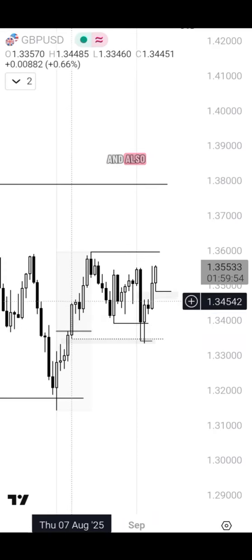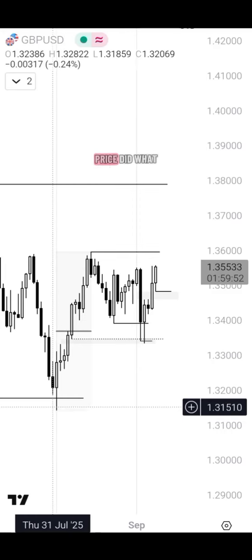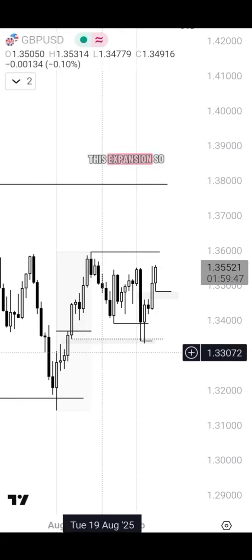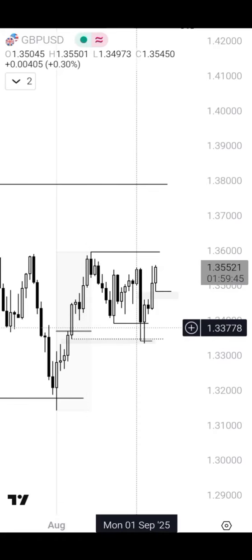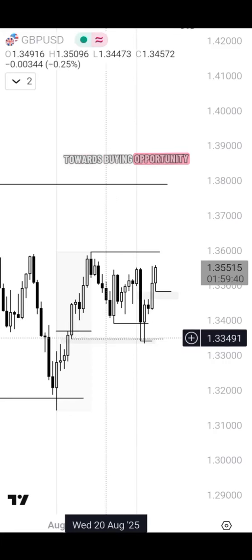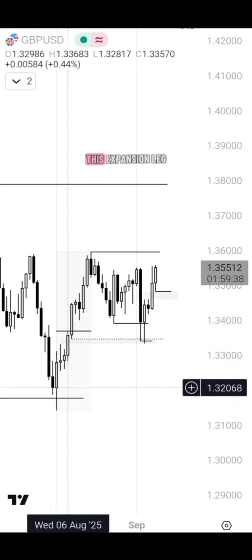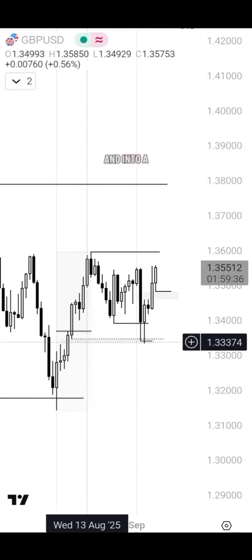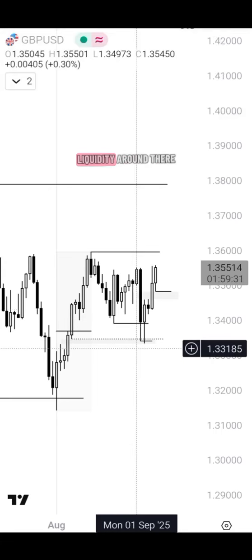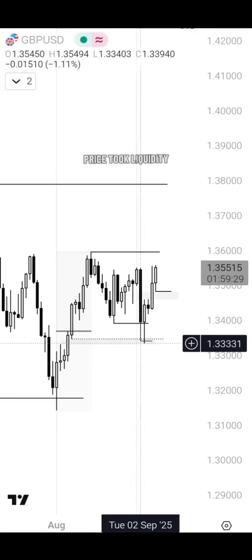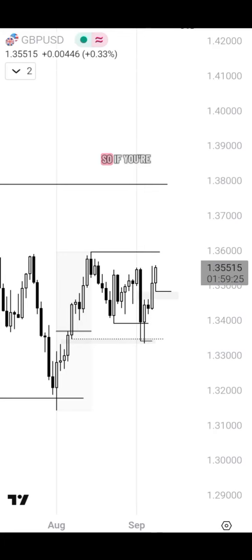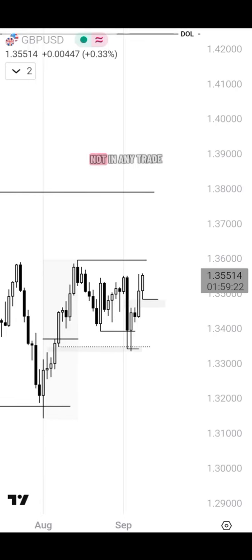And also price took liquidity below the 50% of this expansion, so it is a good area to look for buying opportunities, since we are in the discount of this expansion leg and into a key level, which is this fair value gap, and price took liquidity around there, and we expanded higher.